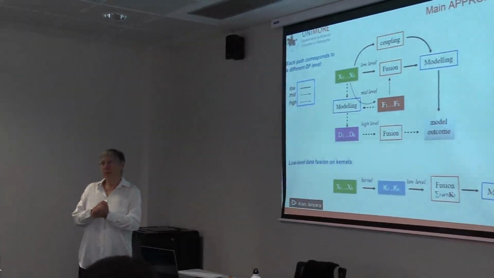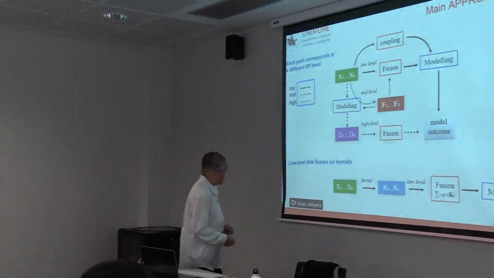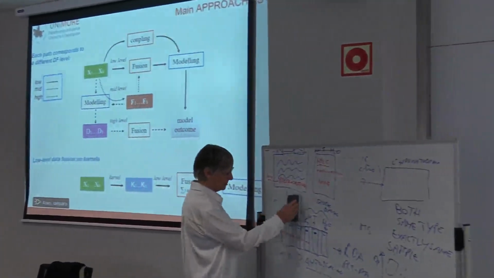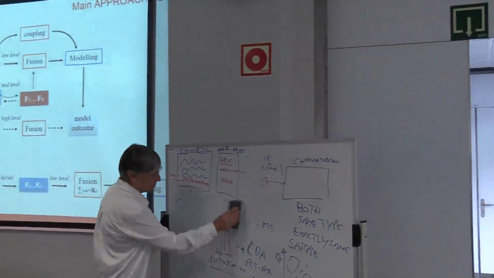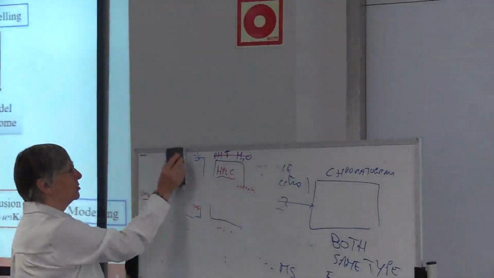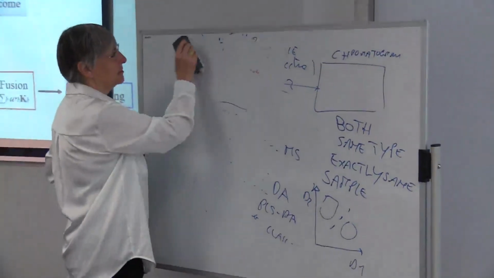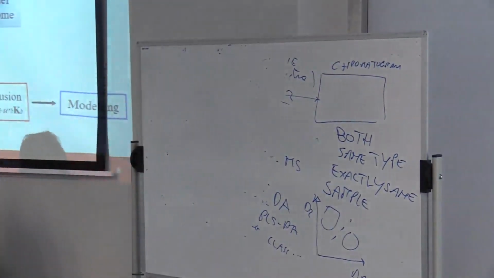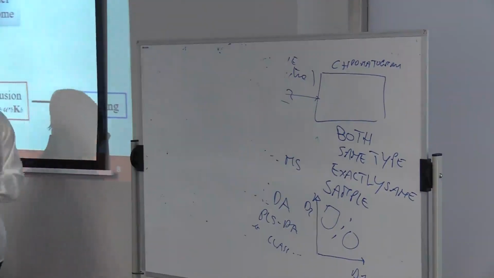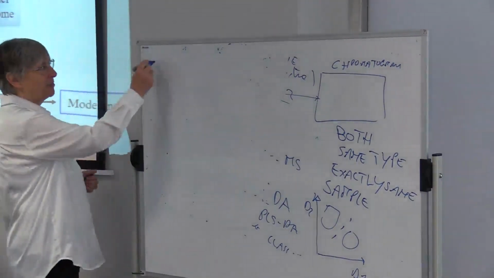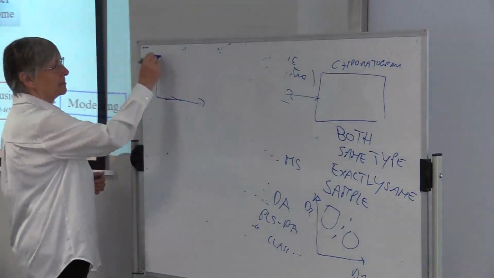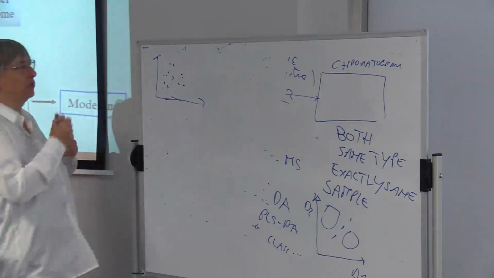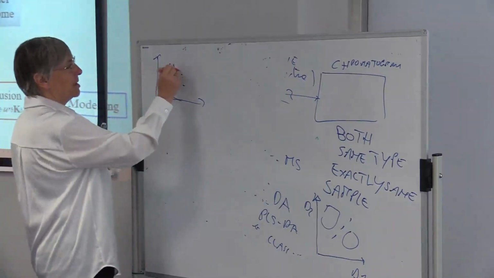Sometimes you have a situation in which you don't want to really use the raw data, because maybe your samples are very overlapped in the raw data, and maybe you want to have a better separation somehow.